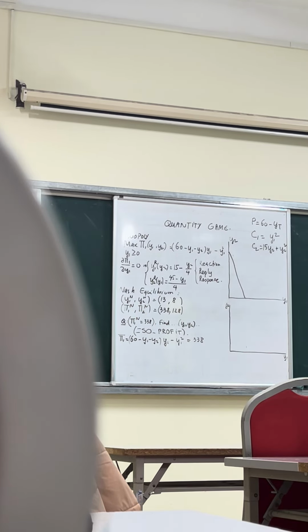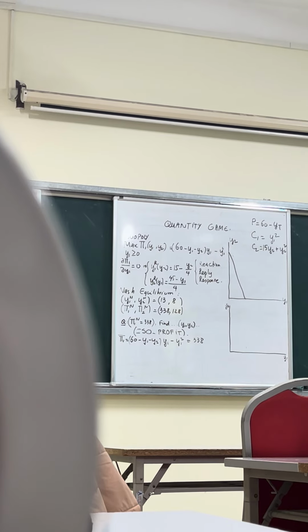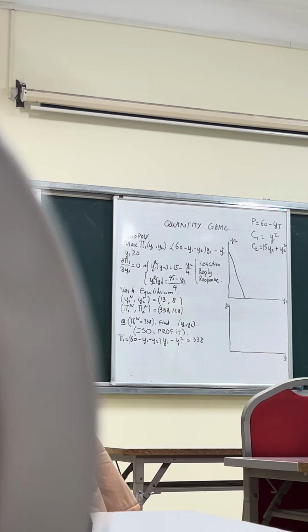Then we can continue to say, since our quantities, our outputs, are positive, non-negative actually, we only look at quarter one of the graph. And therefore it looks like a parabola. It looks like a parabola only in quarter one.